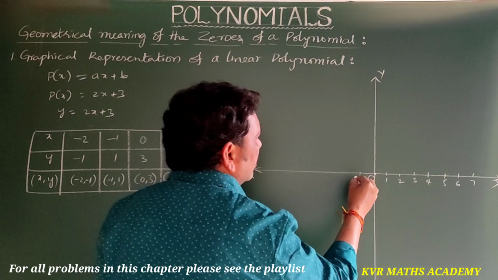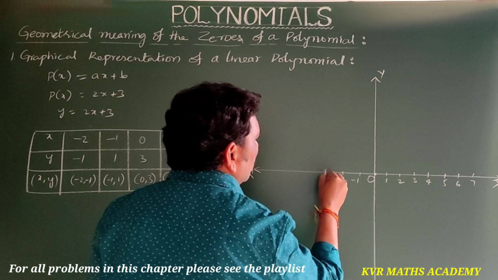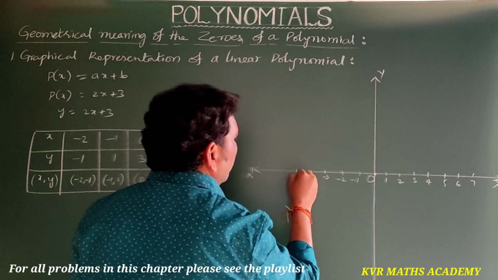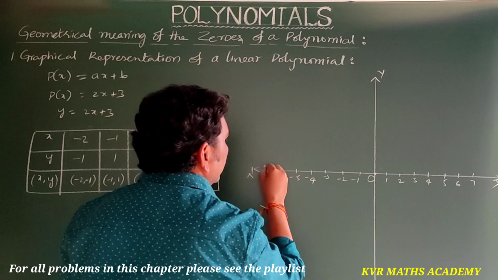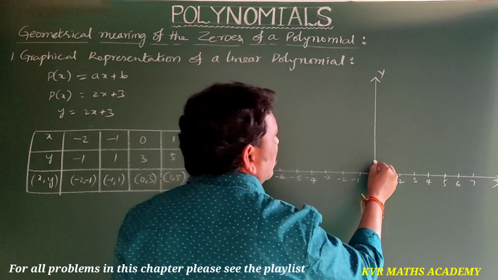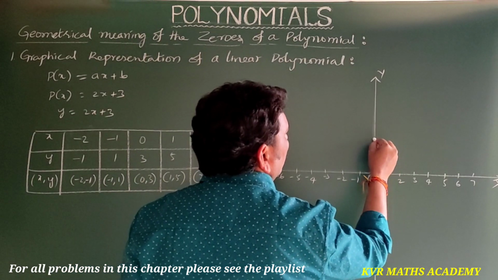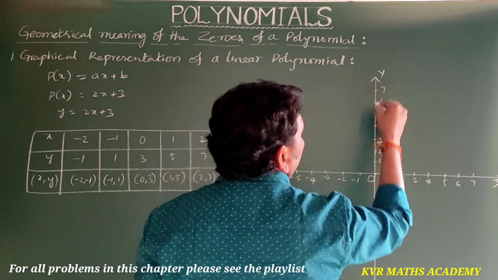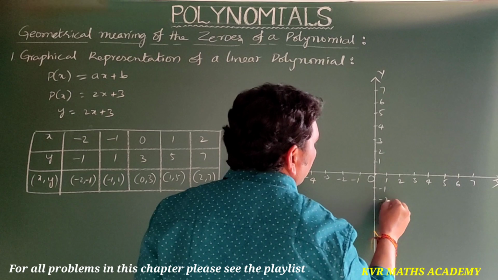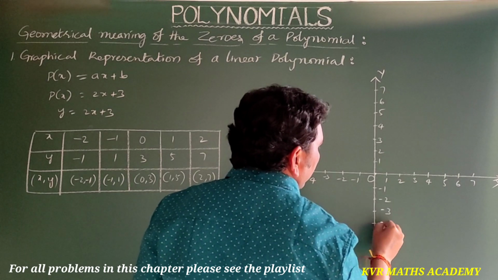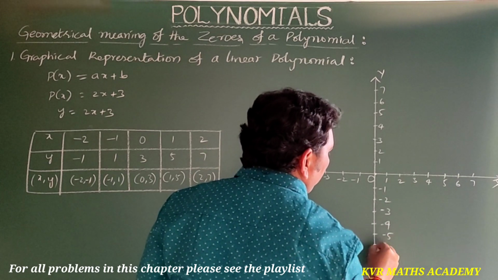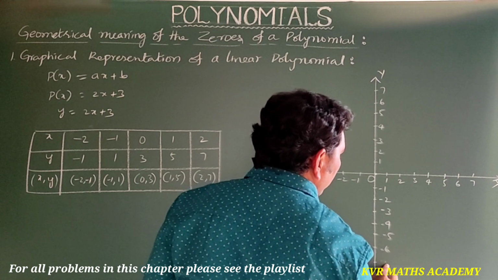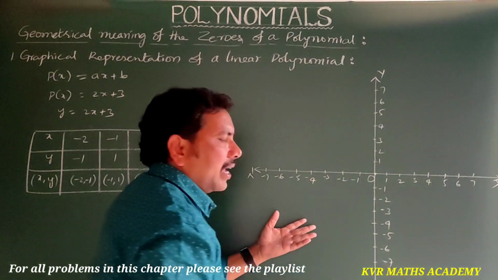Here also the same, -1, -2, -3, -4, -5, -6, -7. On the y-axis, positive 1 to 7, and also -1 to -7. I have taken it like this.